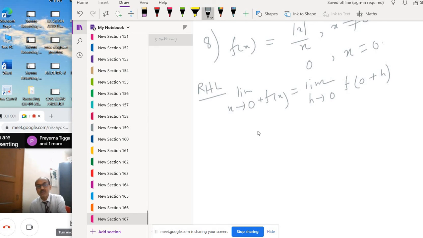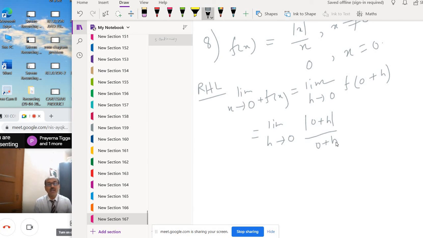Now this is equal to limit h tends to 0. We know the question is mod x by x. So mod x means 0 plus h, and divided by 0 plus h.